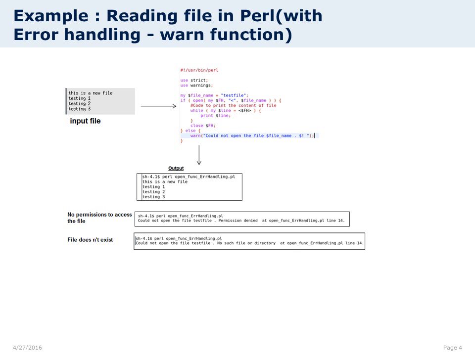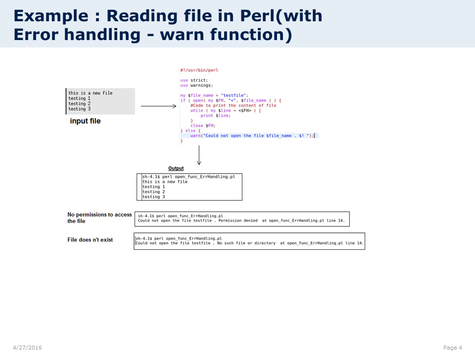We have already discussed the error handling mechanisms in Perl. That is the warn and the die functions. Let's see how warn will help us to figure out the issues with the previous program. Here I have changed the program with an if else construct, where in the if part I try to open a file.